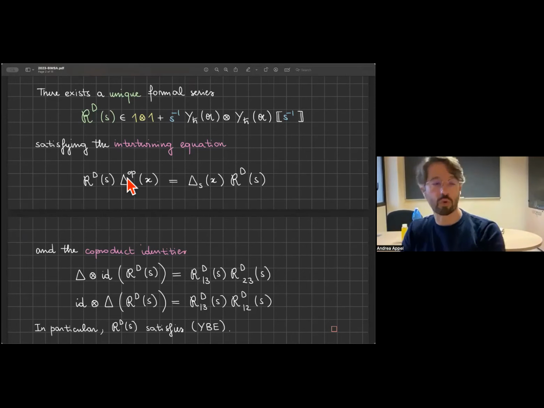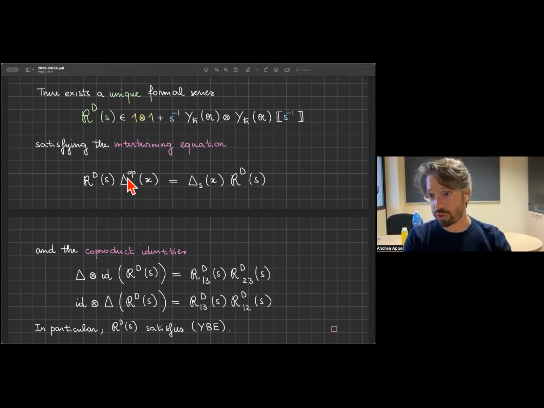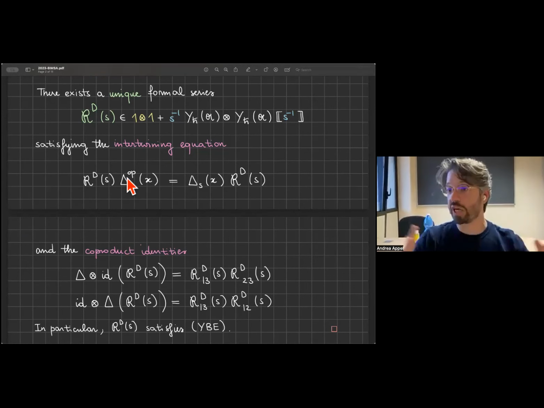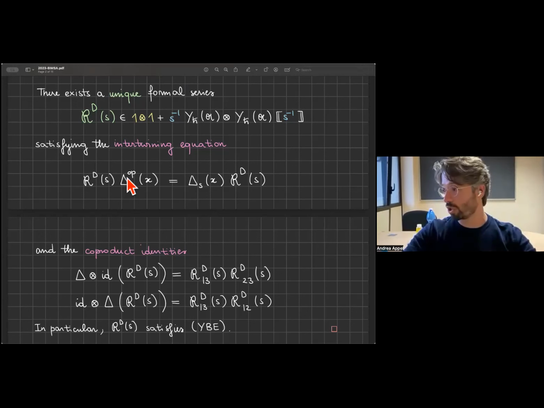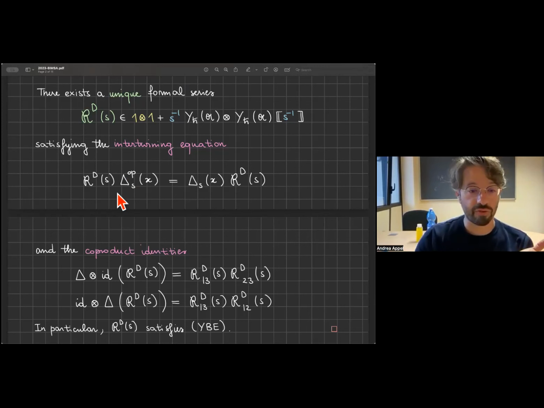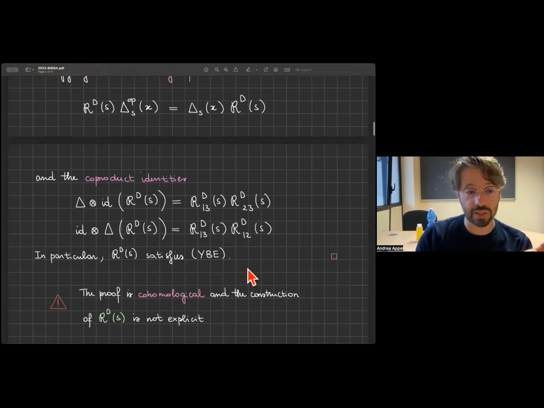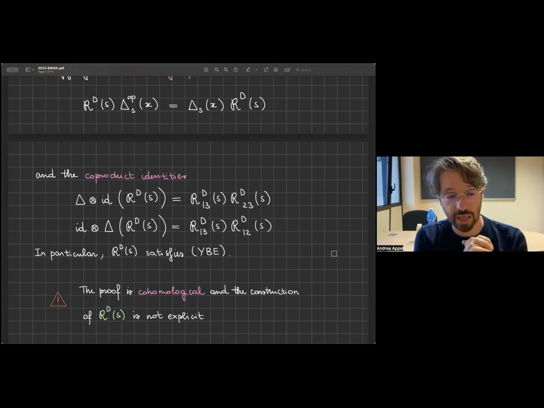In the case of the quantum group, as we all know, the R matrix comes from a universal object, which at the same time is characterized by the fact that it performs the pairing. It is the canonical object encoding the pairing between the positive Borel and the negative Borel. Drinfeld's construction of the R matrix for the Yangian, on the other hand, was very different. In fact, the proof that Drinfeld gave was a cohomological proof.